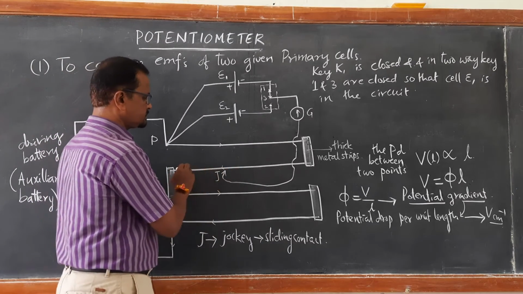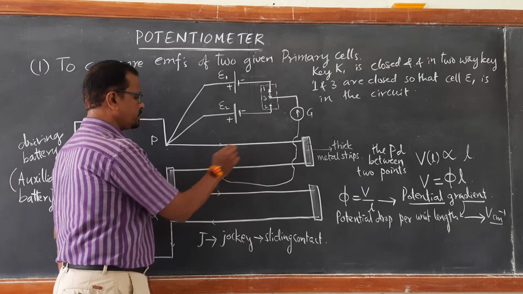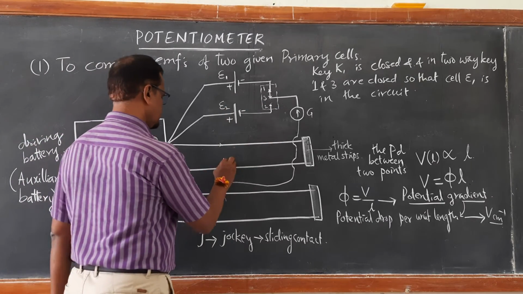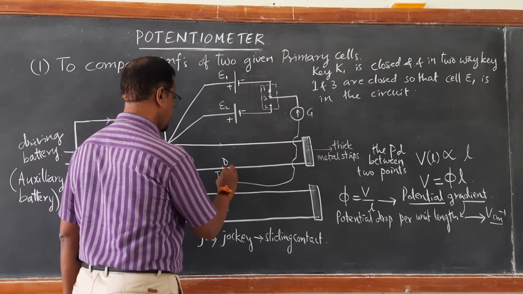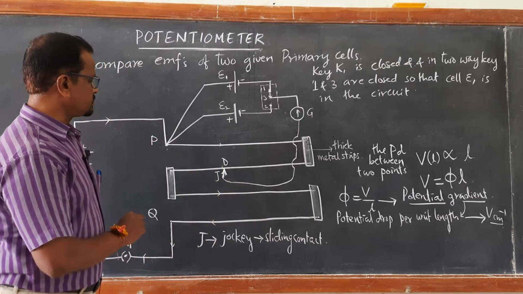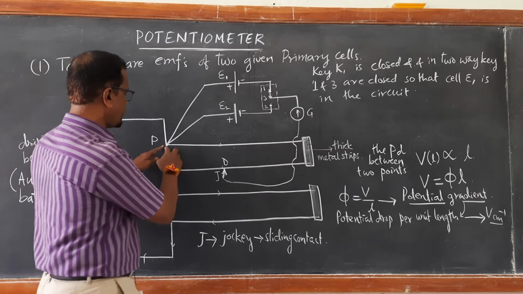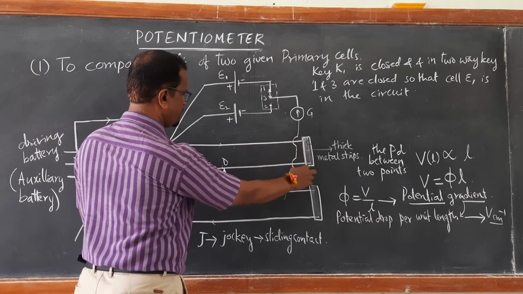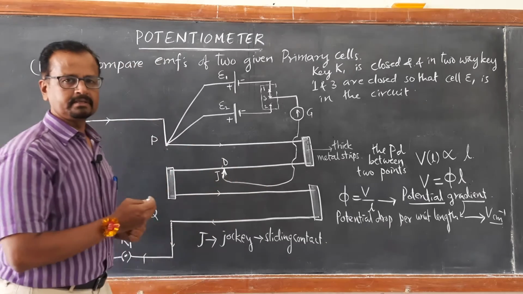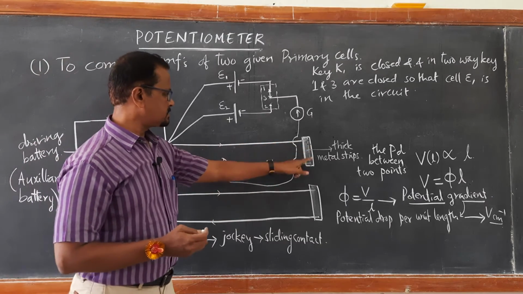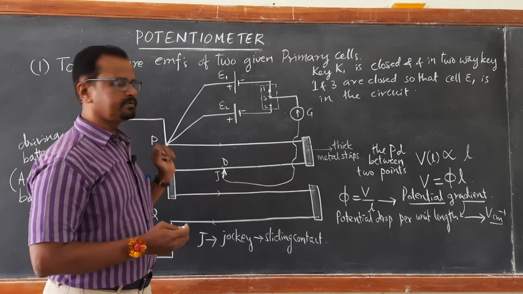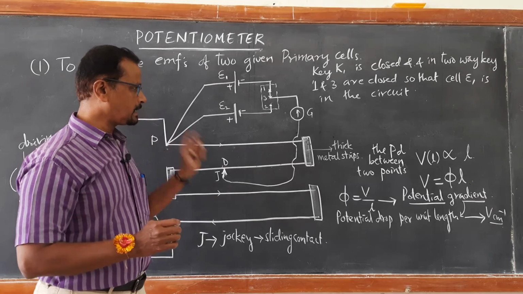Suppose the galvanometer reads 0 deflection at point D. Then we have to measure this length, 100 plus, let us say, 155 centimeter. So 100 plus 10, 20, 30, 40, 50, 55 centimeter. Like this we have to measure the length.